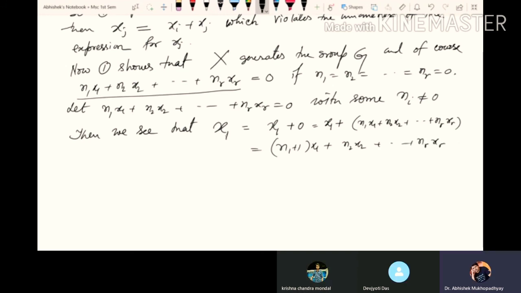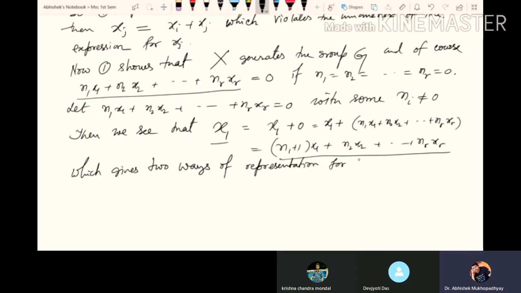So you see that x1 has two expressions. One is x1 itself, and another one is this (n1 plus 1) x1 plus n2 x2 plus ... plus nr xr, which gives two ways of representation for x1 not equal to 0, and this leads to a contradiction.